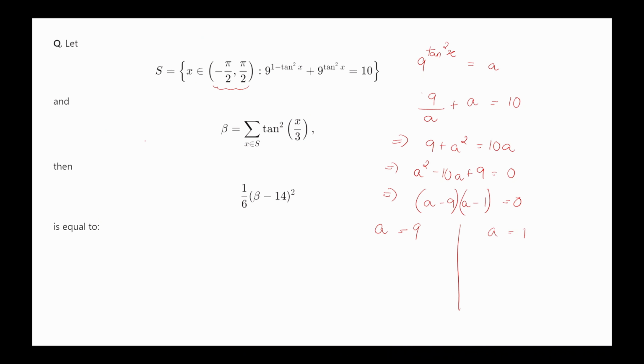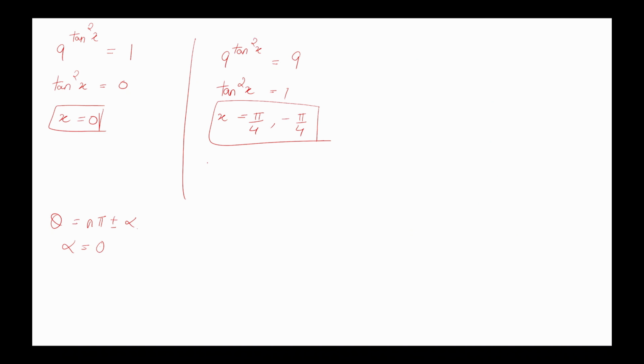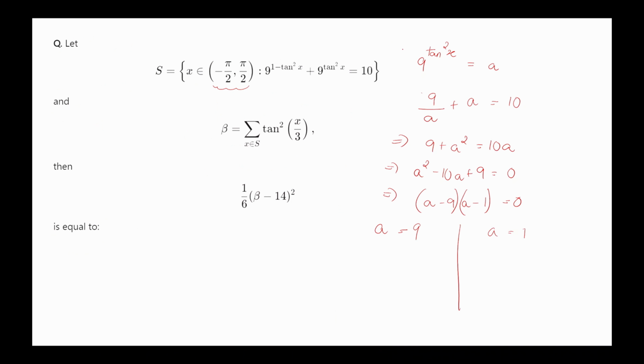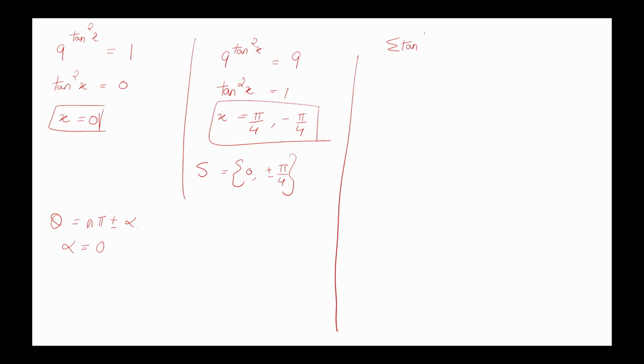Now what have they told us? That we need to find out beta is equal to the summation over x belonging to S of tan square x by 3. So my S basically has the values 0, comma, plus minus pi by 4. Now I need to find out the summation of tan square x by 3 by putting the values of x as 0, pi by 4 and minus pi by 4.